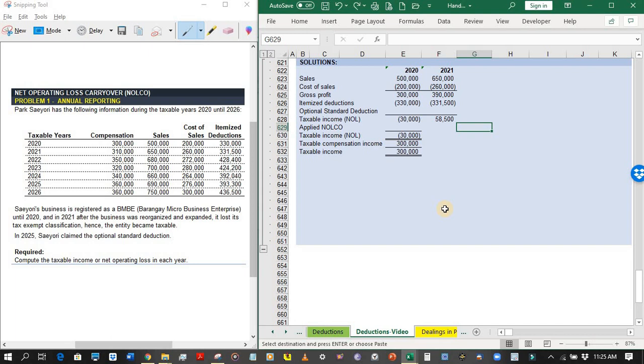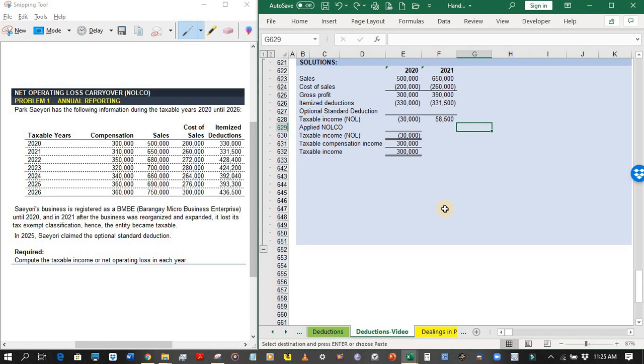So, is the 30,000 deductible from 58,500? No, it cannot. And why is that? Because in 2020, the taxpayer's business is registered as a BMBE. And under the Barangay Micro Business Enterprise registration, the business is exempted from tax.